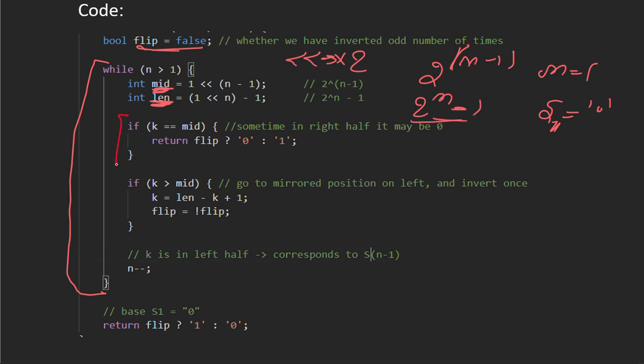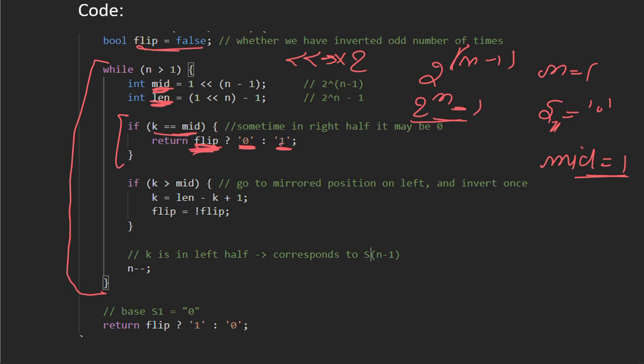And then we check the three cases. If k is equal to mid, then we check whether our flip is true. If it is, then we return 0, else we return 1, because our middle element is always 1.